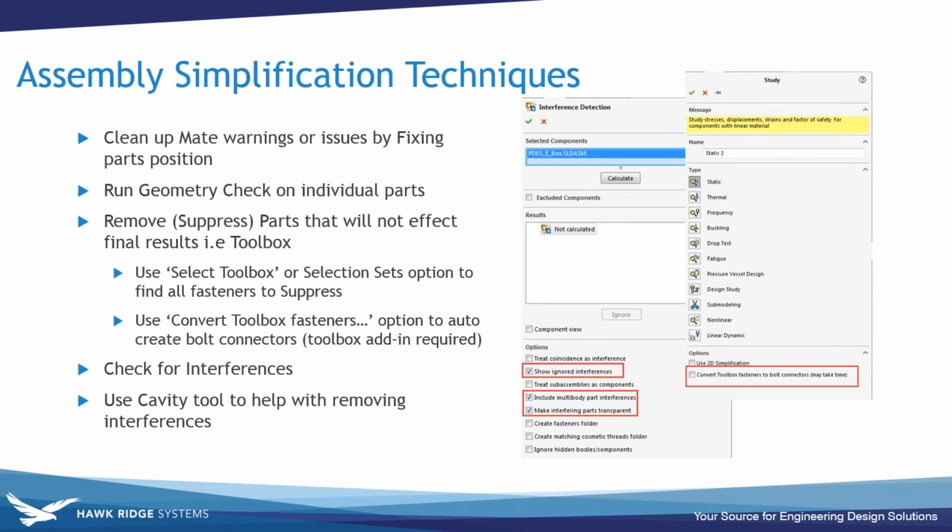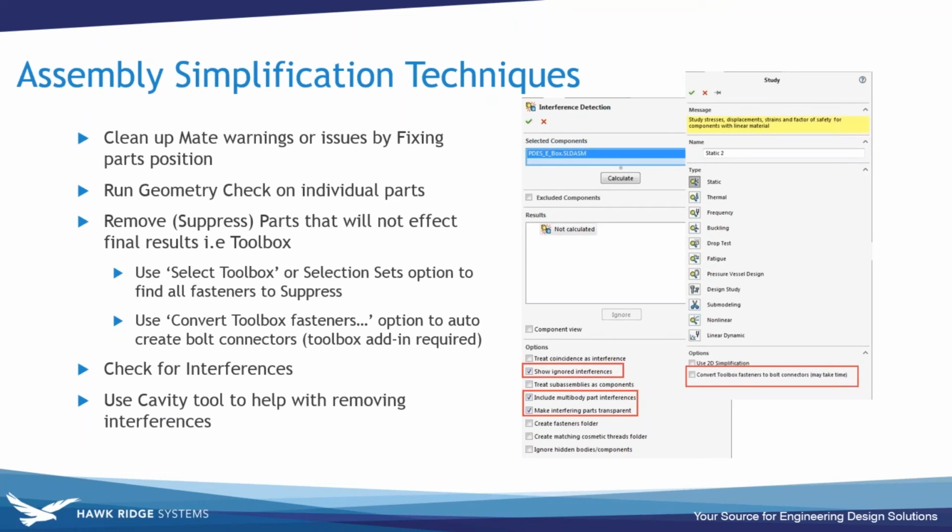Sometimes it doesn't catch it. Either way, if there are issues with those parts, you would need to fix them at the part level anyway. So I always recommend literally going down the feature tree of the assembly, right-clicking on the component, opening them individually, and running that geometry check. Okay.